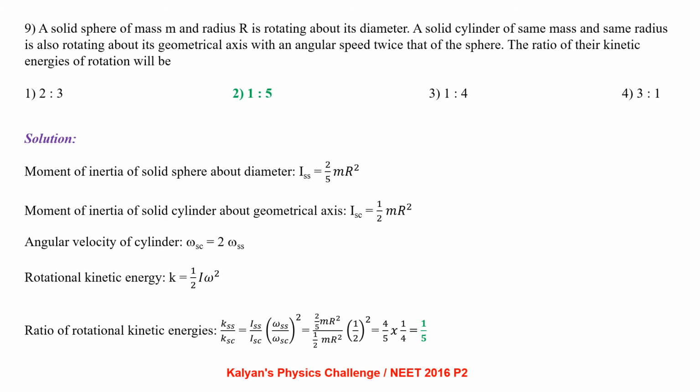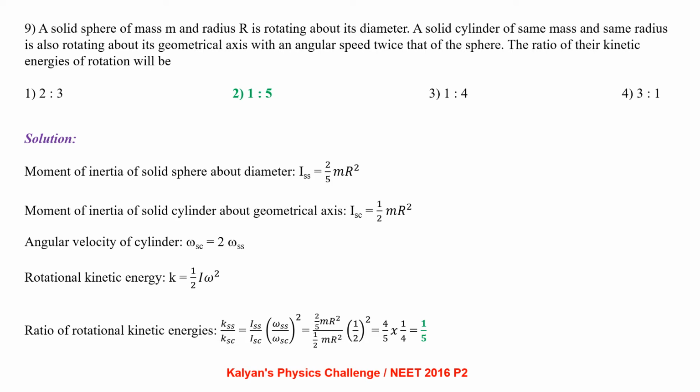A solid sphere of mass m, radius r, rotating about its diameter. A solid cylinder of same mass and radius is also rotating about its geometrical axis with an angular speed twice that of the sphere. The ratio of their kinetic energies of rotation will be. Moment of inertia of solid sphere about its diameter is 2 by 5 mr square. Moment of inertia of a solid cylinder about its geometrical axis is 1 by 2 mr square.